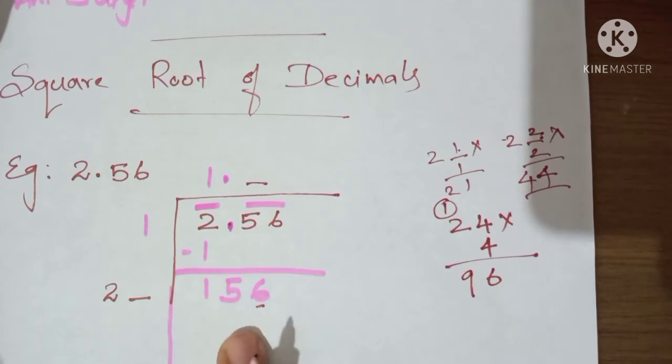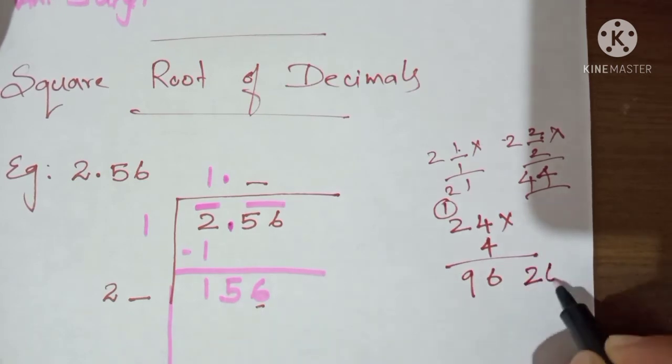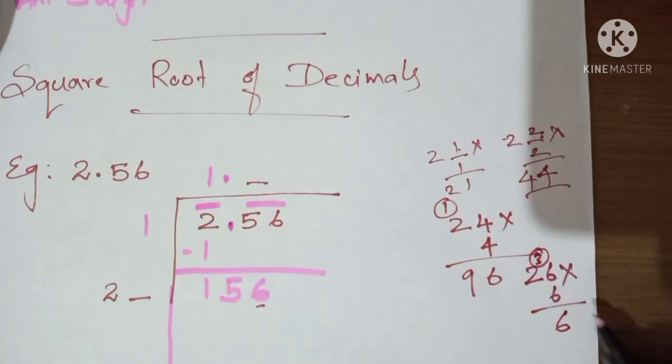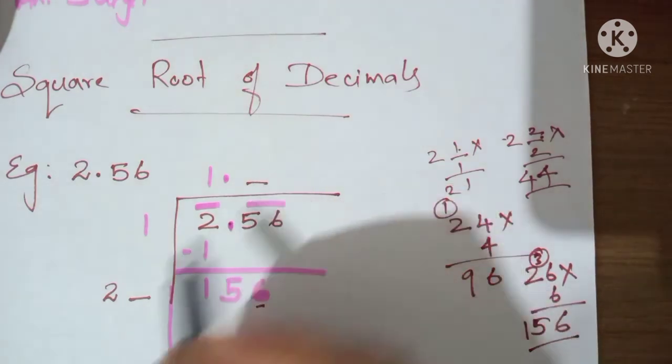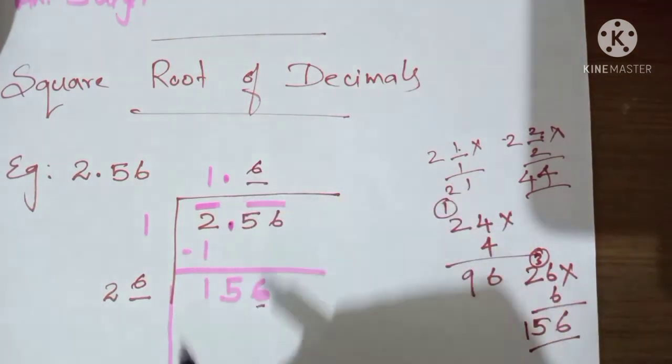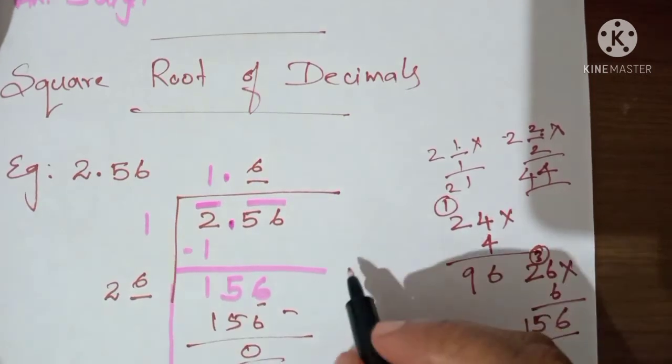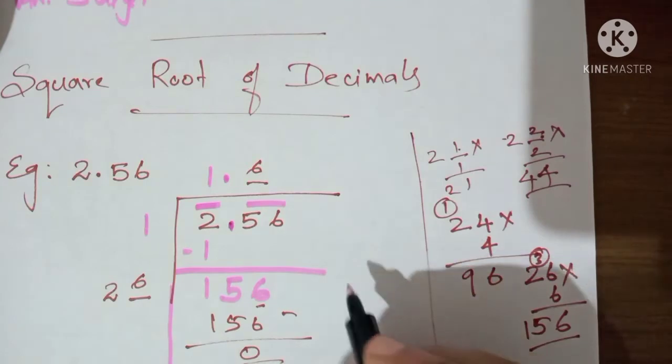So 96 is a smaller number. So next we will check for 6, right? So 6 6s are 36. 6 2s are 12. 12 plus 3, 15. So the same number we got. So we'll write here 6. Here also we will be writing 6. So 156, 0. So this is a calculation part.